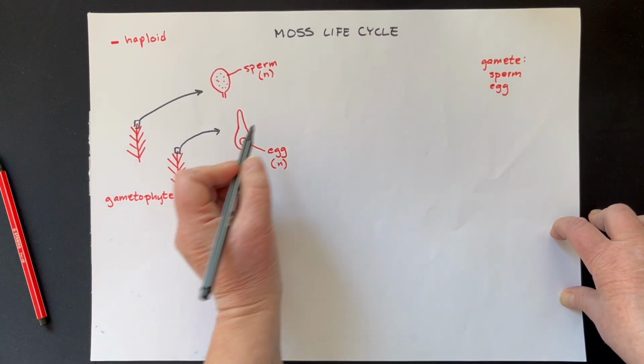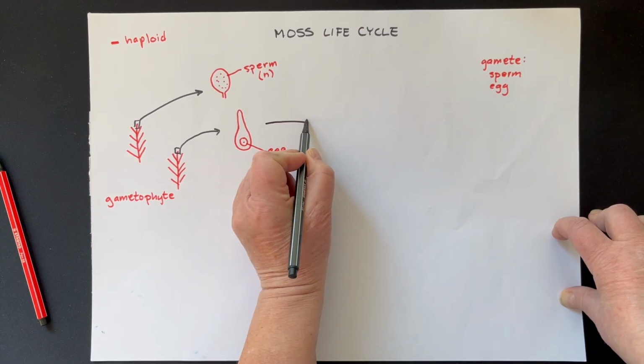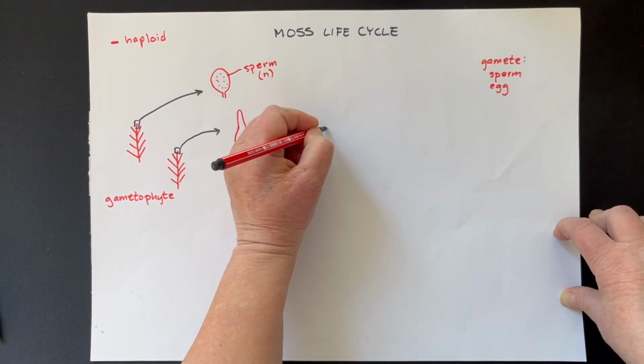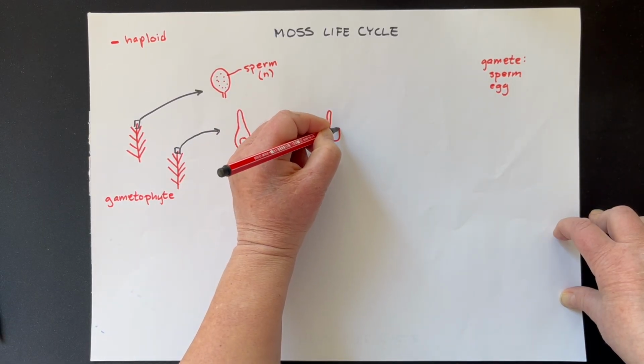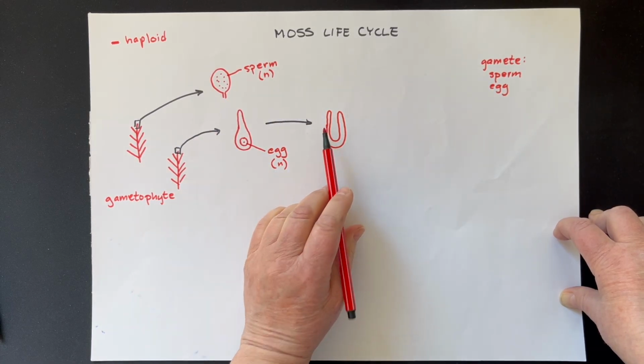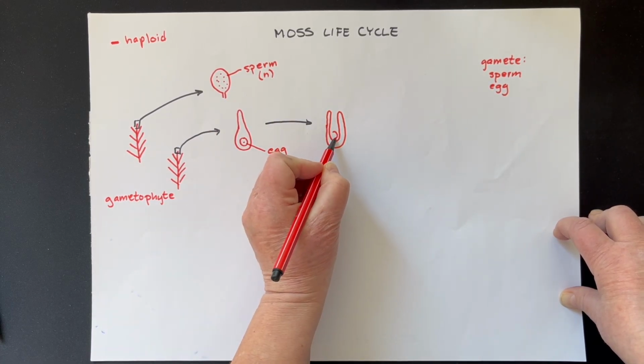If we look at this structure after a while, it will have become more developed, and it will open up and we will have the egg cell in here.